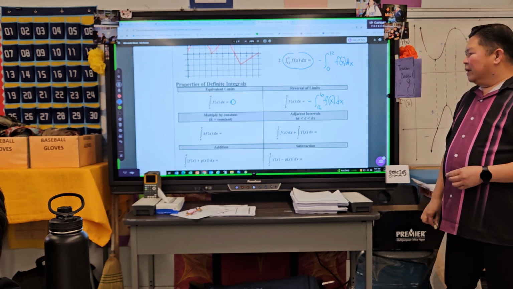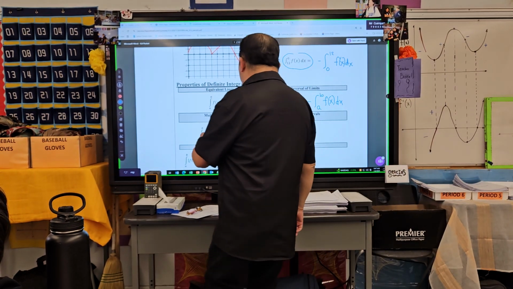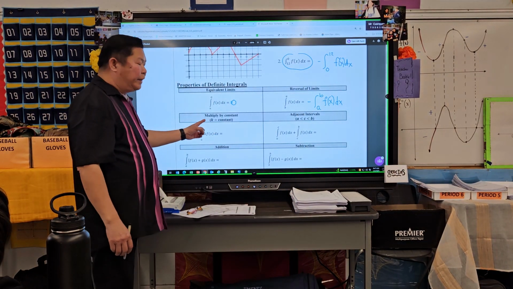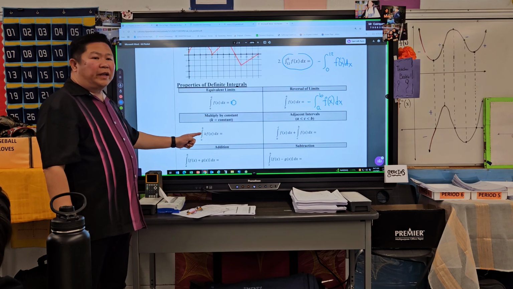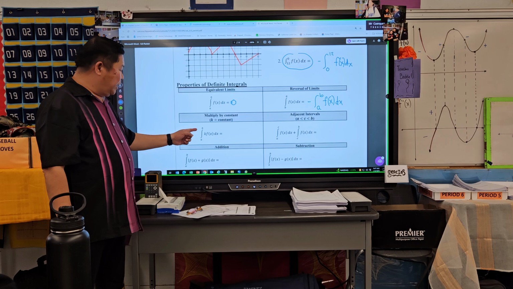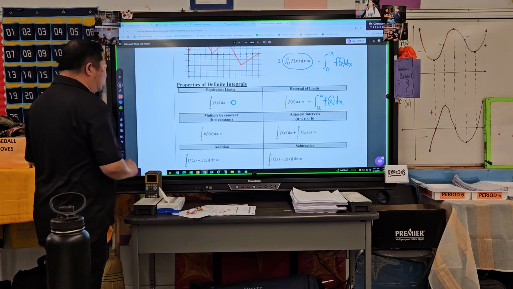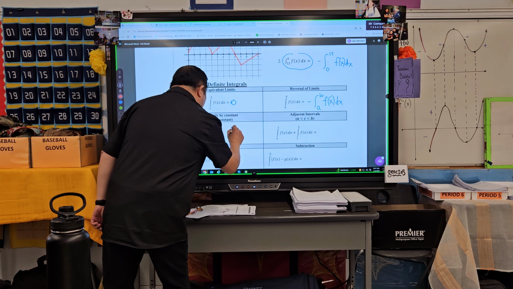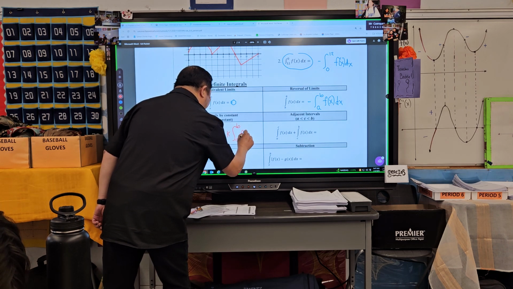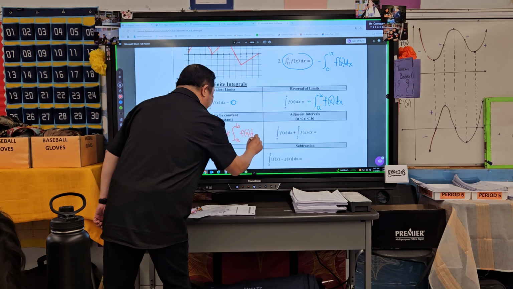Next, multiply by a constant k. Whatever the constant is, write the constant first before the integral sign, a to b, then f of x dx.